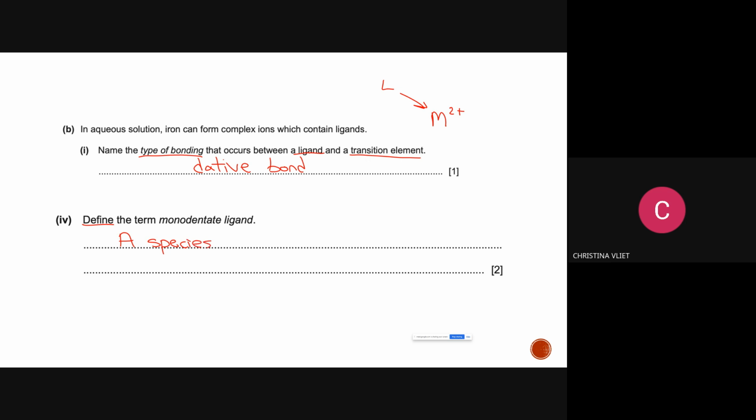You've got to specify: a species or substance that donates 1 pair of electrons, that's the key word, 1 pair of electrons, to a central metal. And you can either say atom or ion. If you say central metal, that should be enough. But I'm going to put atom or ion, because an atom doesn't have charge, an ion does have a charge.